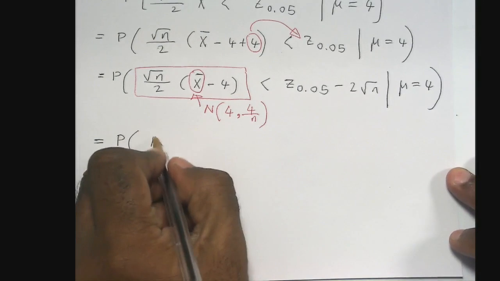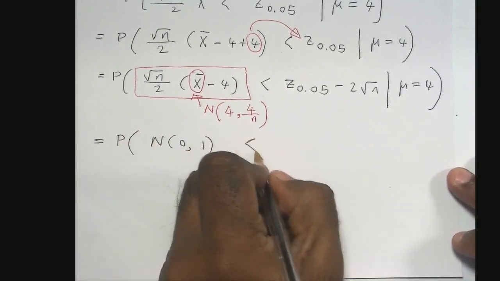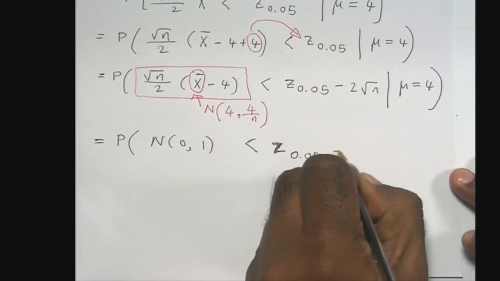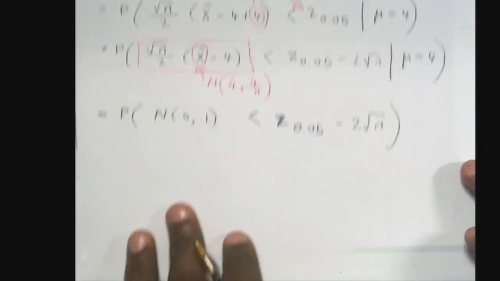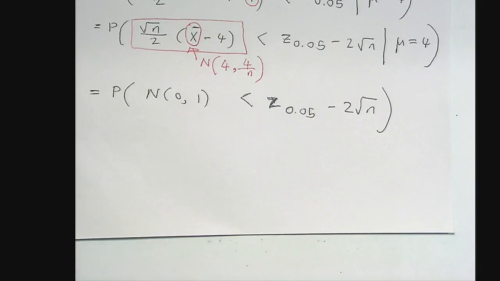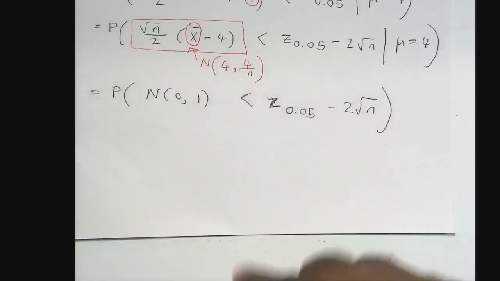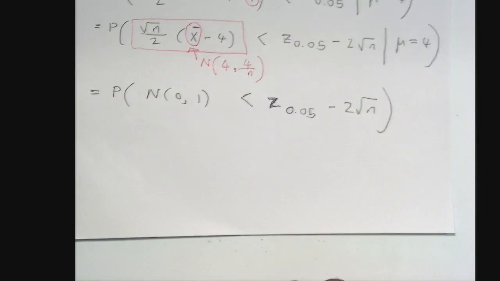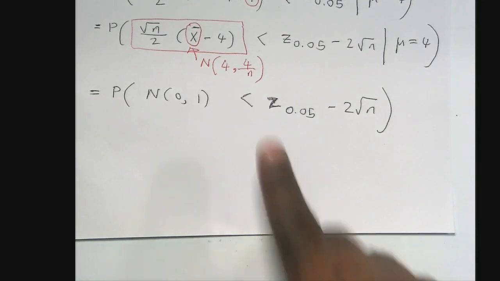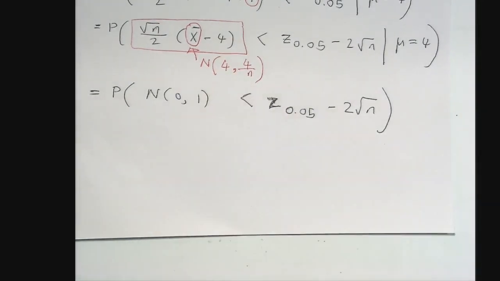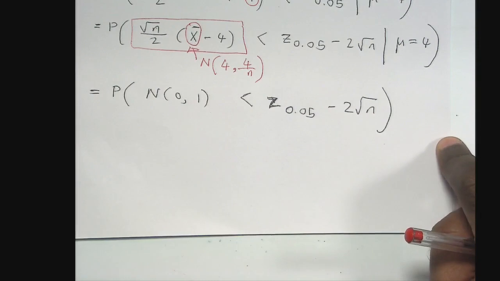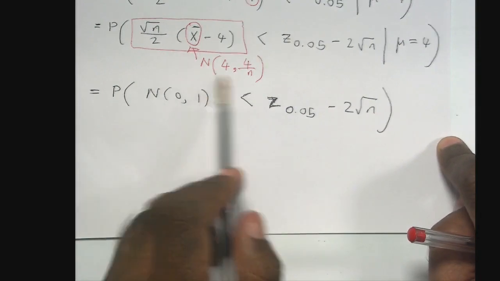So this is the same as the probability that N(0,1) is less than... I don't know, some of you still appear confused. This step here is crucial. The step from this to this, the last step, is very, very crucial. Even today, some of you ask me why it goes from this to this. But just think about it, guys. By a result that I did in week 2, this x bar has this distribution.